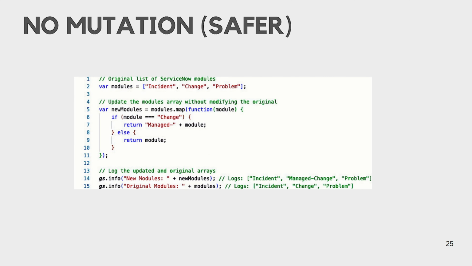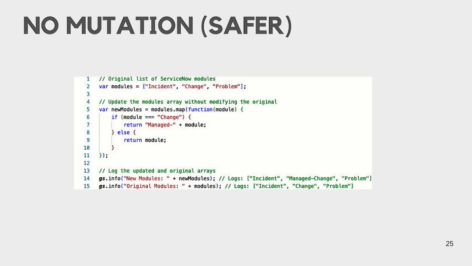Instead of altering the existing module array directly, we can create a fresh version of it. Here's what I am doing. I'm using the array.map function to generate a new array that includes the updated value we need. The map function is quite interesting and versatile. We'll dive into it a bit more later. It works by applying a function to each item in an array.